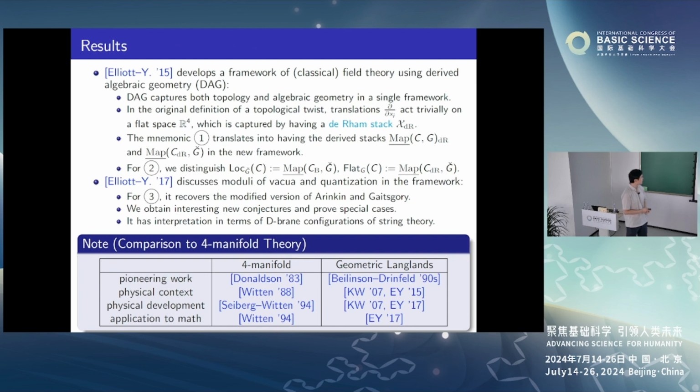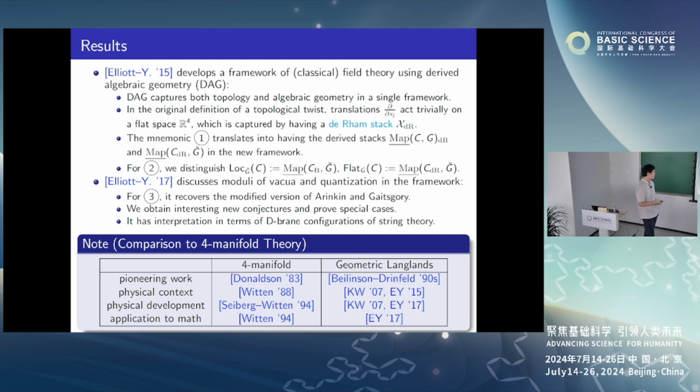Because this was a little too technical, let me just explain what kind of thing we did, as an analogy. If you think about the famous story of four-manifold theory, where Donaldson did pioneering work, you find this nice invariant of four-manifolds by thinking of instanton moduli and so on. But Witten in '88 found the physical context, and this is how and why he introduced the notion of topological quantum field theory.